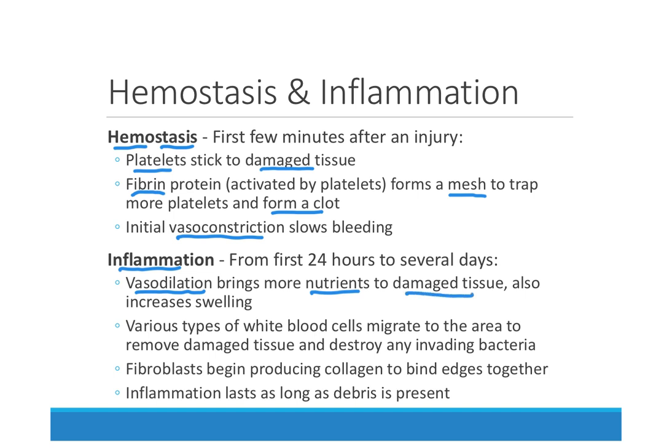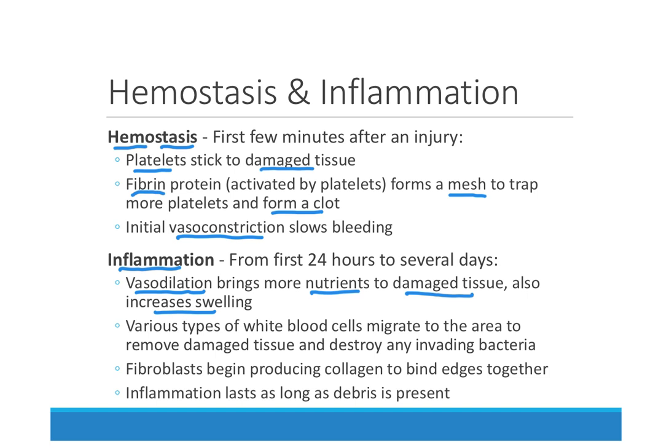But while doing that, some of the plasma, the liquid that blood cells are carried in, will be leaking into that tissue, and that's going to increase the swelling. So swelling is part of the side effects that you see when there is inflammation, and it is really representing a good thing because that's telling you there's more blood flow to that area, bringing those important nutrients to do repair.